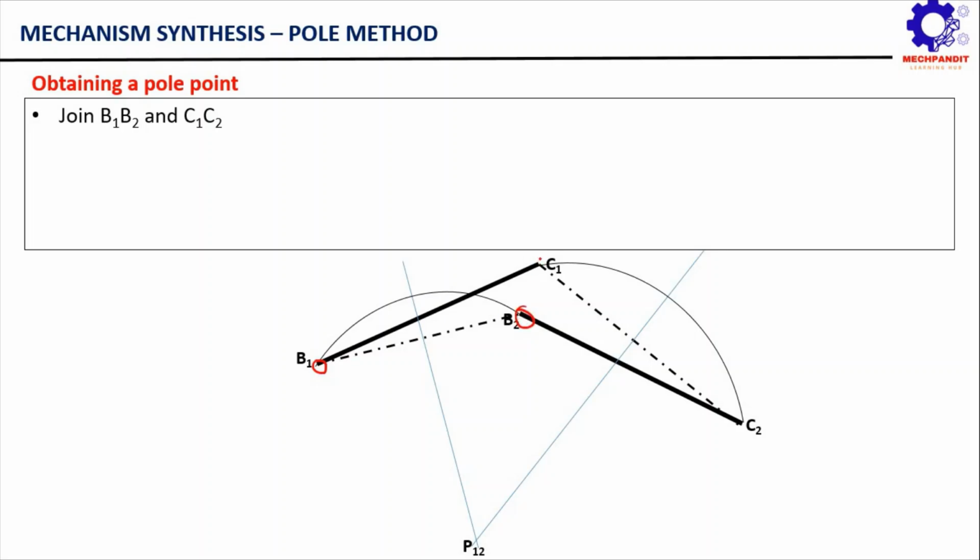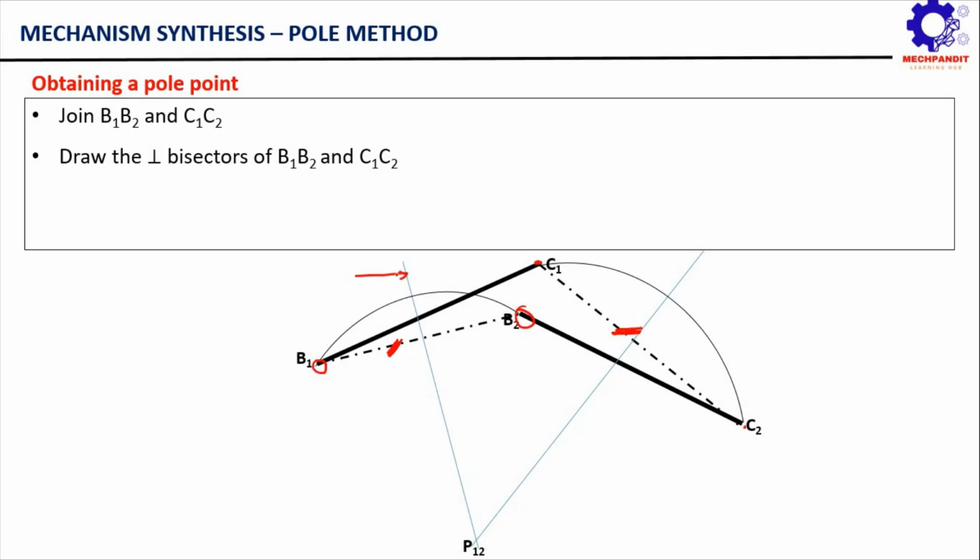Similarly, we will join C1 and C2 through a dotted line. So you can see this is the first line and this is the second line joining B1, B2 and C1, C2. Now after joining, you simply draw the perpendicular bisectors of B1B2 and C1C2.